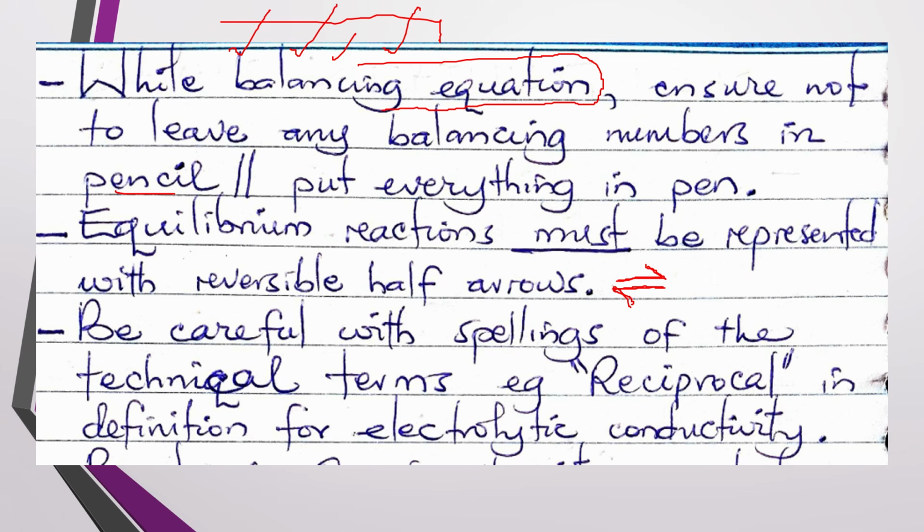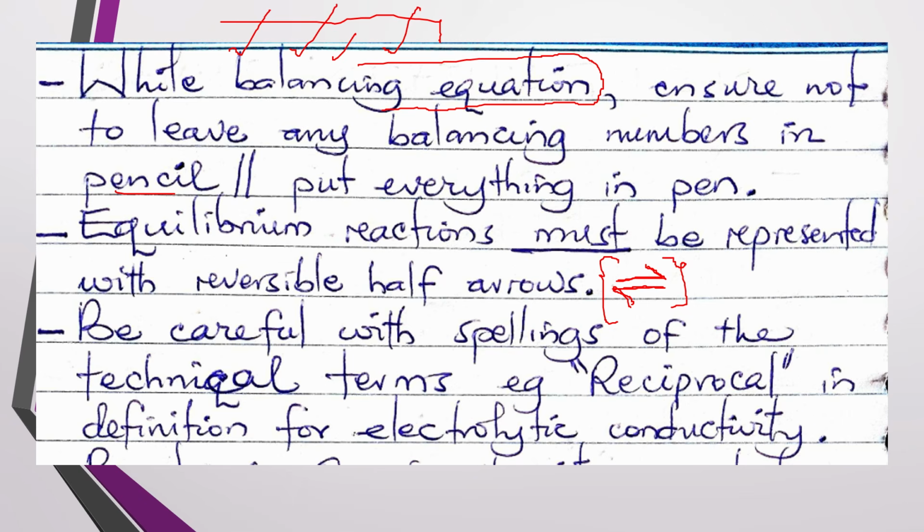Because these reactions are reversible, products can easily turn to reactants, and reactants can easily turn to products. So whenever you're dealing with chemical equilibria, or you are dealing with industrial manufacture, because industrial manufacture of the different gases and acids is part of chemical equilibria, you make sure that under such instances, you use partial arrows.